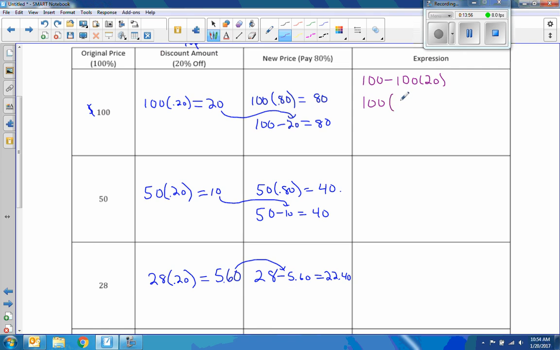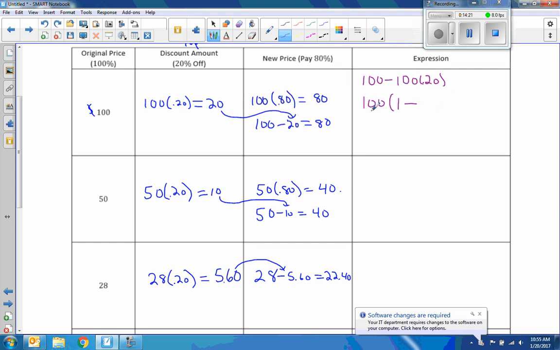And then we can distribute. Okay, factor out a 100, in other words. So I can factor out a 100, and 100 divided by 100 is going to be 1 here. 100 times 0.20, or 100 times 20. That should be a 0.20, by the way, discount.